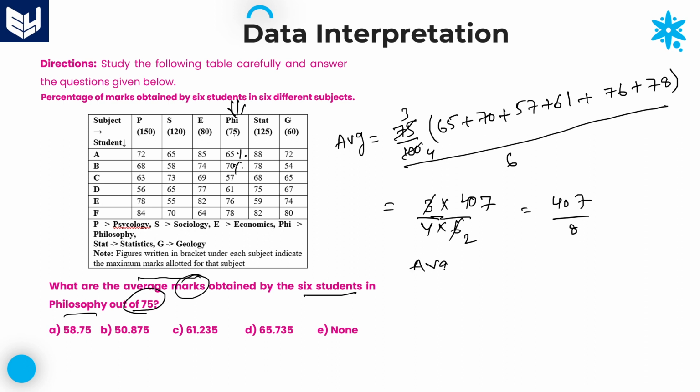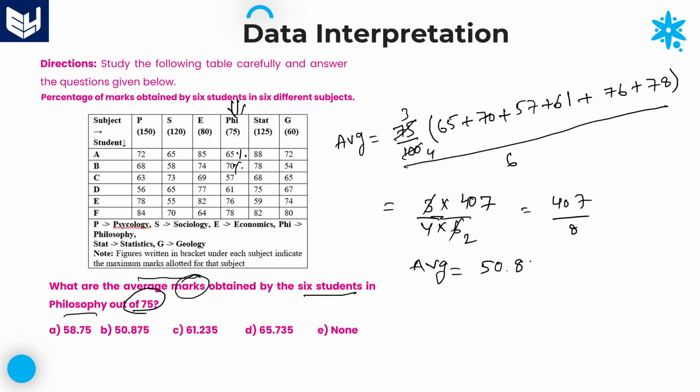Therefore, the required average is 407 divided by 8. 8 5s are 40. 7 is the remainder. It is not divisible, so you can keep the 0. 8 50s are 400. Still a remainder of 7 is there. 70 means 8 8s are 64.